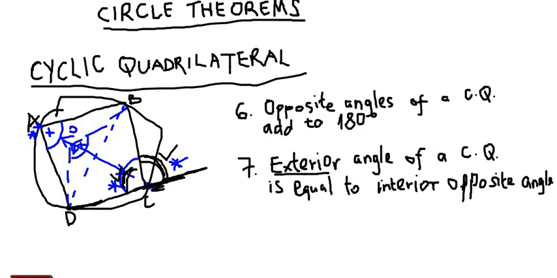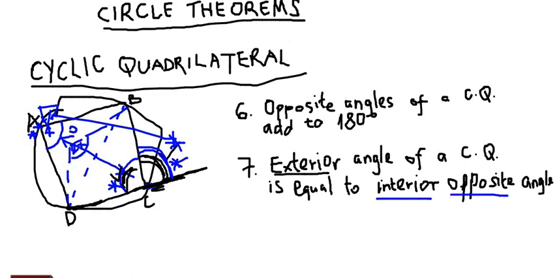And this exterior angle of the cyclic quadrilateral, when added to C, you also get 180. It therefore means that this exterior angle is equal to the one which is opposite, not the adjacent, not the next one inside, but the interior opposite angle.